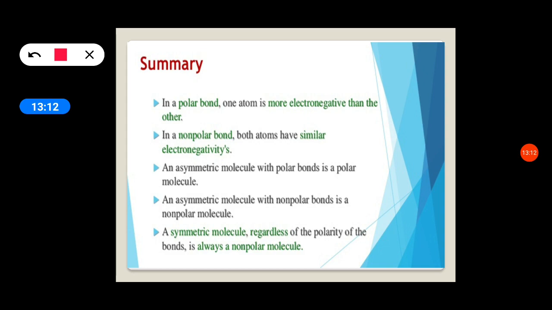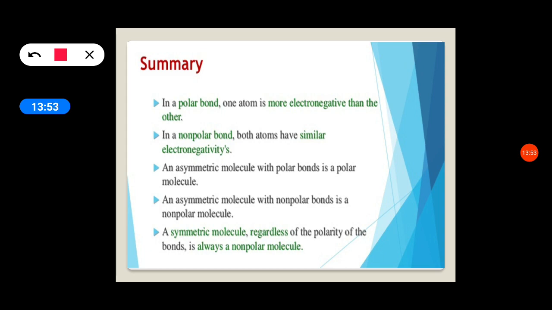If both the atoms are the same or their electronegativities are the same, then the bond is called a non-polar bond, because the electron density is equally shared in this molecule. But if an electronegativity difference is there between the two atoms, then polarity is created, and these bonds are called polar bonds, because one of the atoms acquires more electron density, another atom acquires less electron density, and due to that small charges are created.